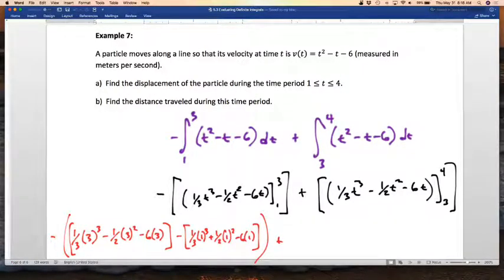So again, this turns the negative area into a positive area, so that we get a total distance rather than a total displacement.